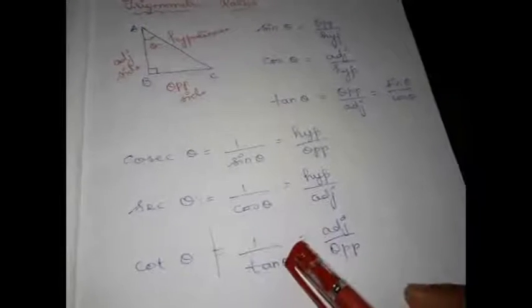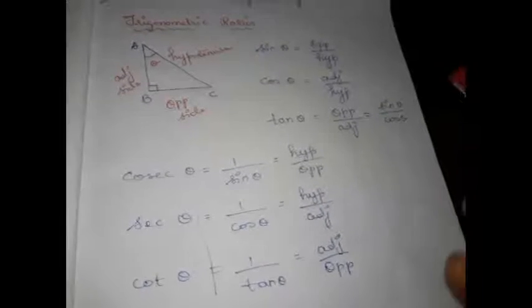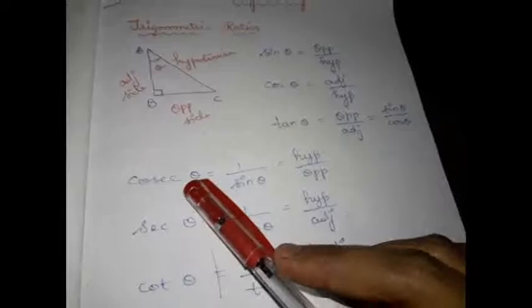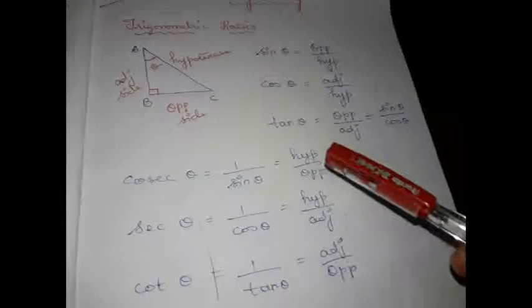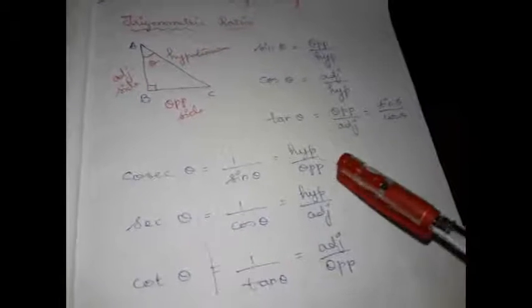Cosecant theta is the reciprocal of sine theta, secant theta is the reciprocal of cos theta, and cot theta is the reciprocal of tan theta. If it is a reciprocal, the definition will automatically be reciprocated, so 1 by sine theta. Therefore the cosec theta definition is hypotenuse divided by opposite, because sine is opposite by hypotenuse. In the same way, secant is hypotenuse by adjacent and cot is adjacent by opposite.